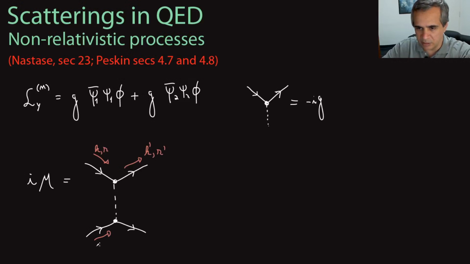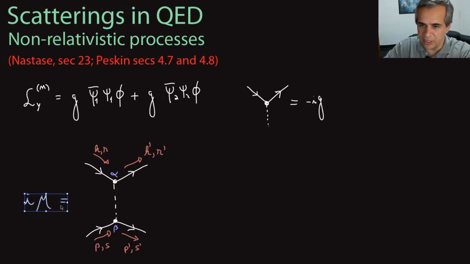This one is incoming with momentum p, spin s. And this one is outgoing with momentum p prime, spin s prime, right? I also want to label the vertices because I want to keep track of the spinor indexes. So I assign an alpha to this vertex and a beta to this one, right?